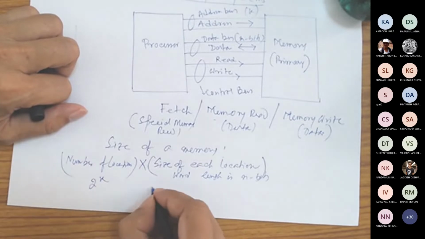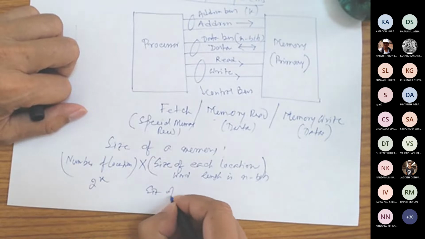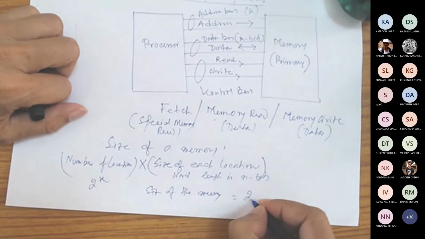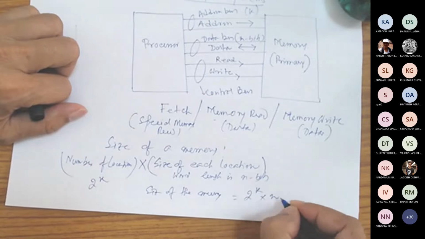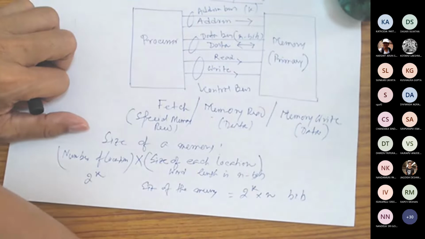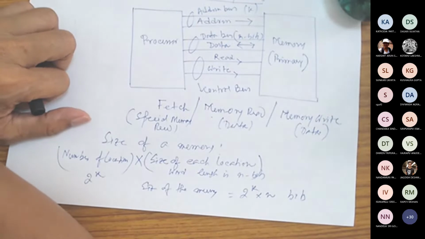So you can say that the size of the memory is 2 to the power k into n bits, because every location is n bits and we have such 2 to the power k locations.